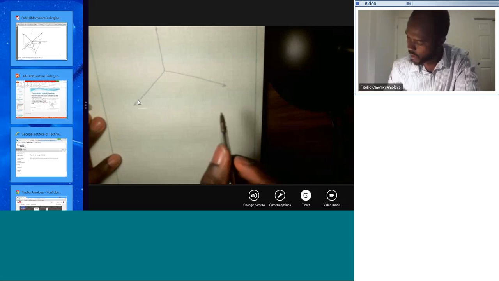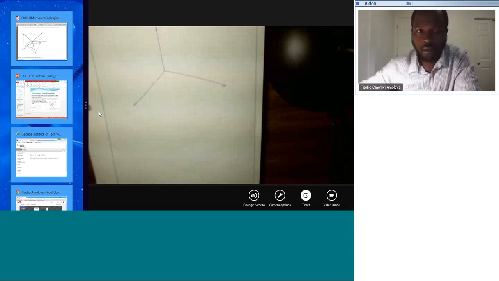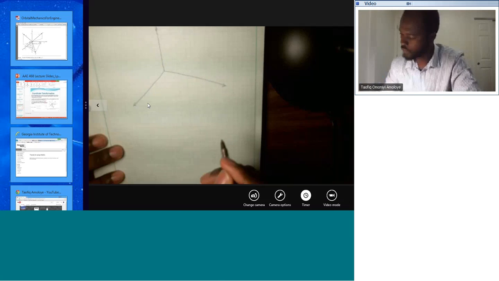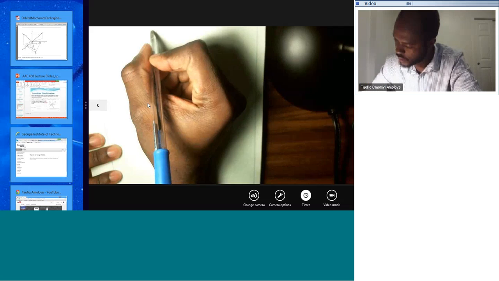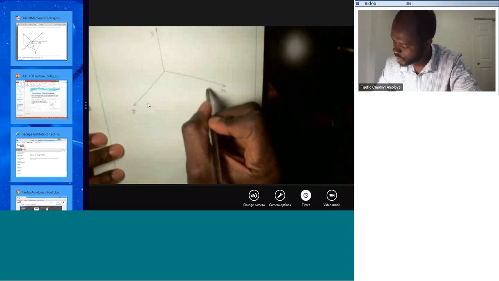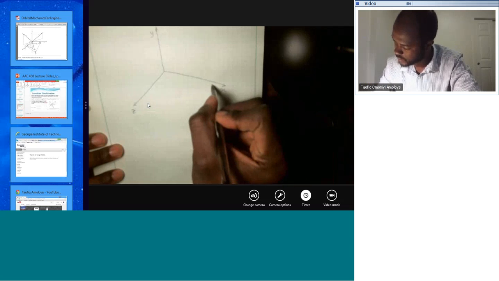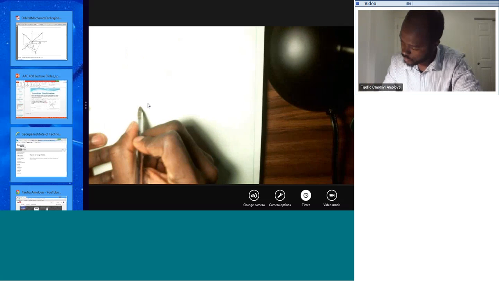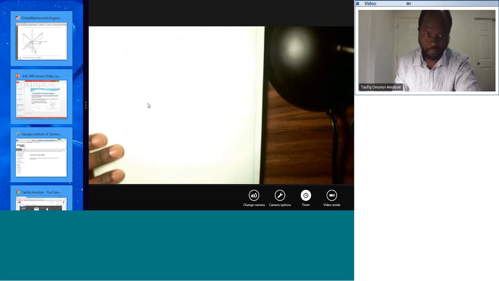So we have the x, y, and z, and then the unit vector here is I, the unit vector there is j, and the new unit vector here is k.